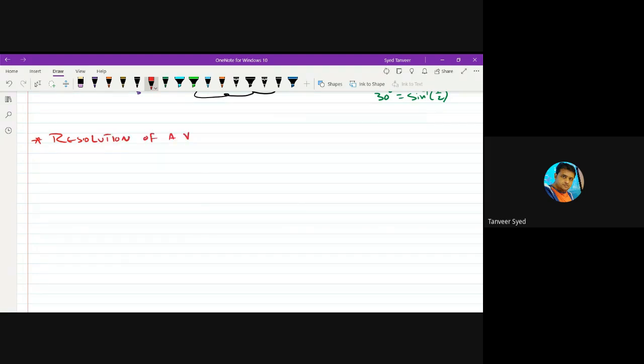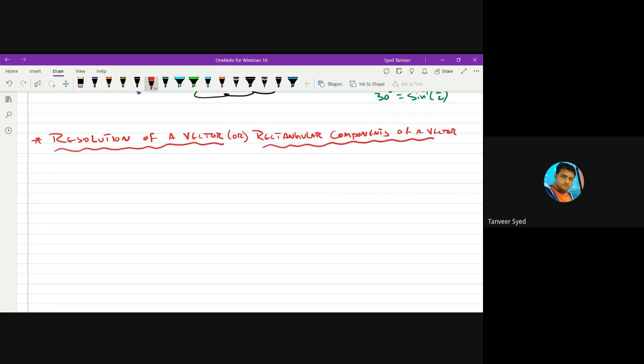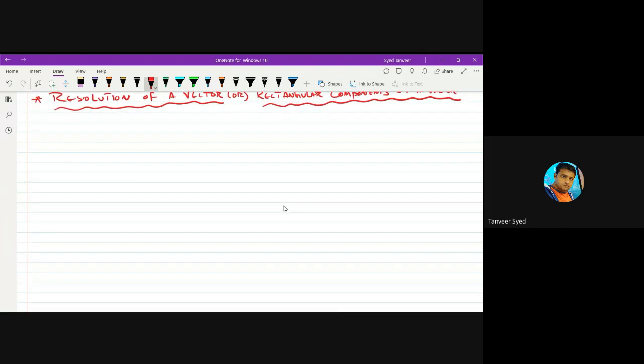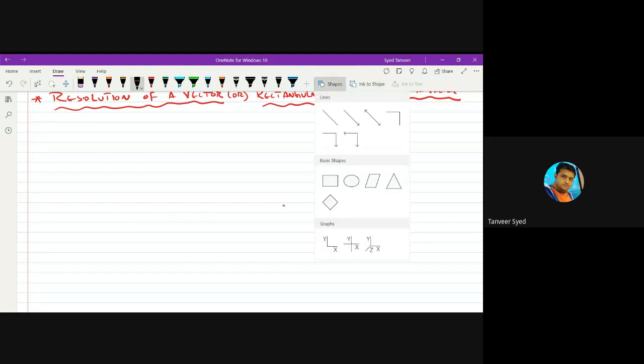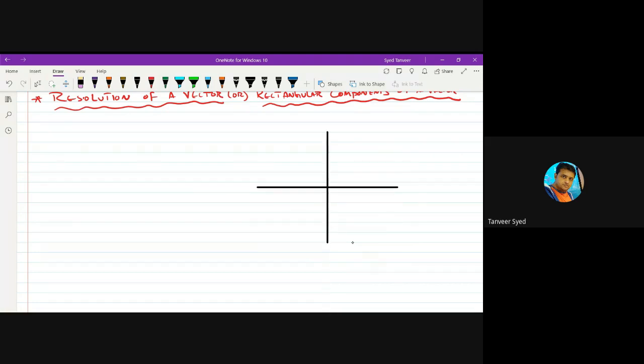Resolution of a vector, or this is also called rectangular components of a vector. Both mean the same thing. What is this? Important thing. To understand this, suppose these are the xy axis.